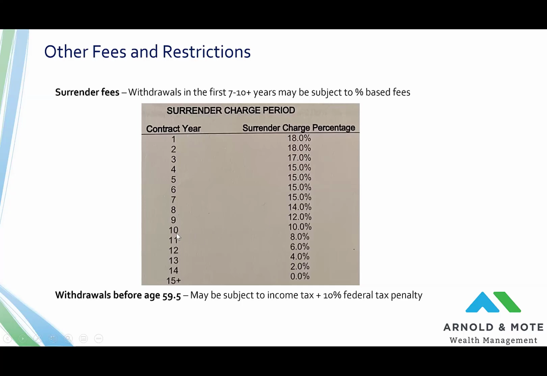Even 10 years later, 10 years after buying this annuity, they'd pay a $10,000 fee to get their money out. And these numbers can range. There are annuities that do not have surrender charges, and there are annuities that have surrender charges 15 years out.